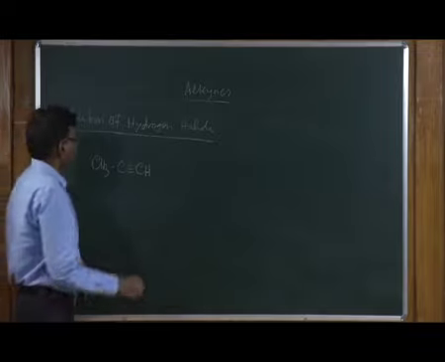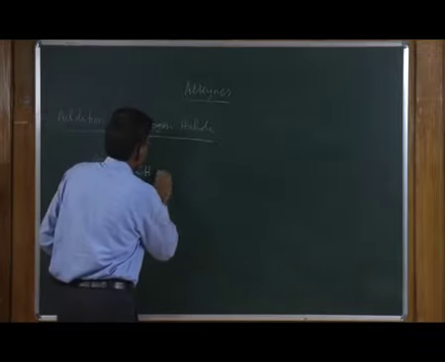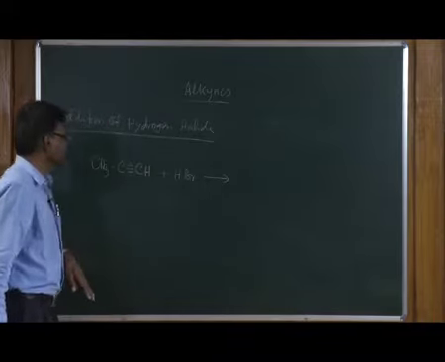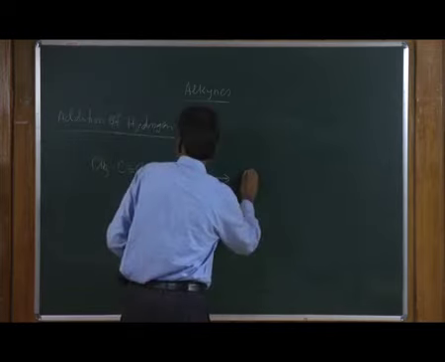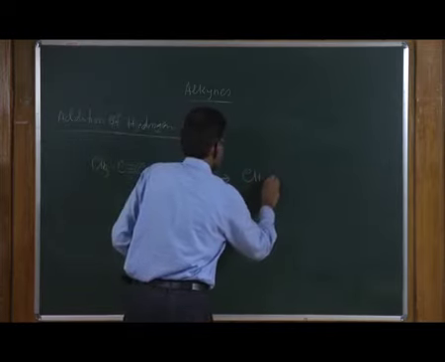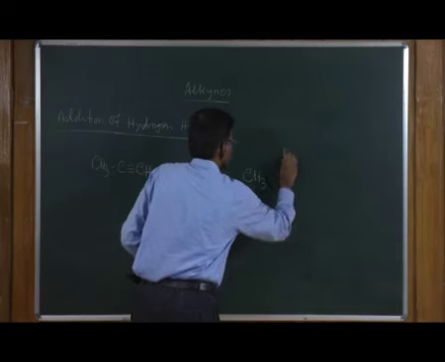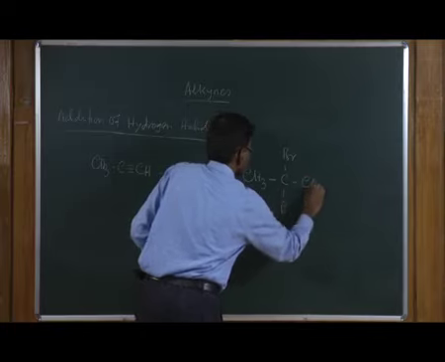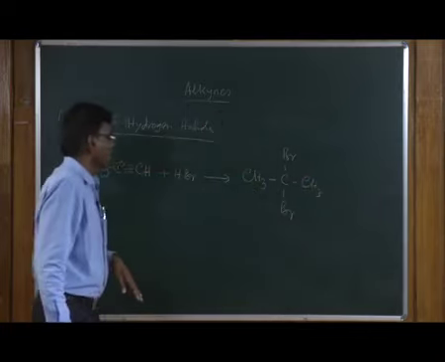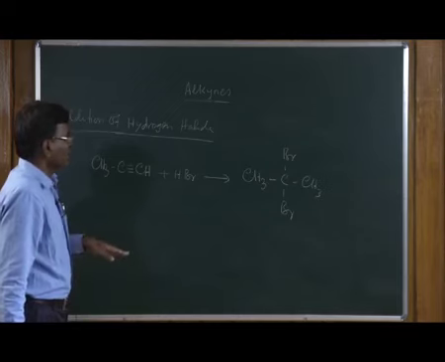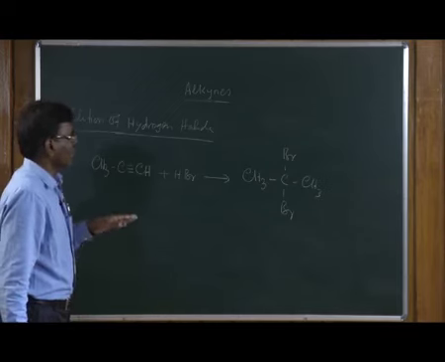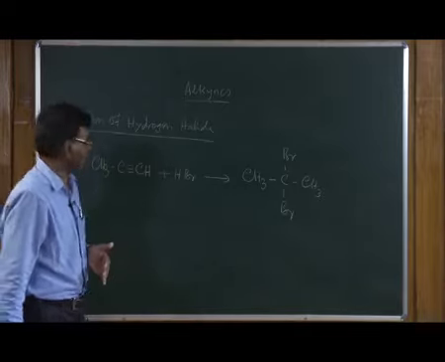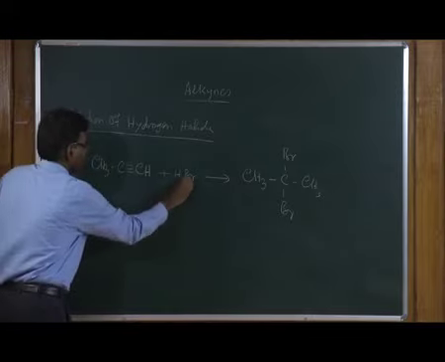When you treat propyne with hydrogen bromide, it can produce 2,2-dibromopropane. In this case, the reaction goes via the Markovnikov product. What happens? First, one of the HBr reacts.